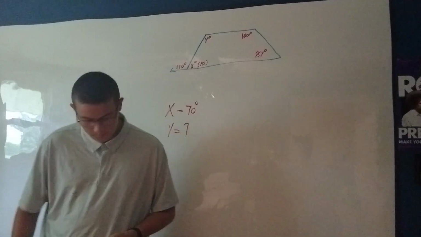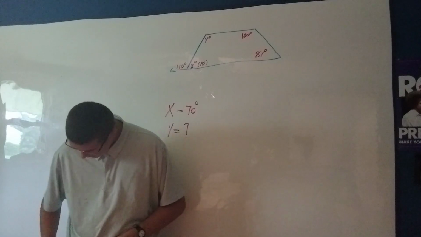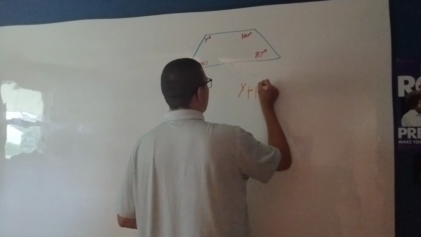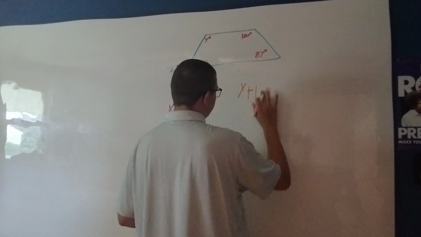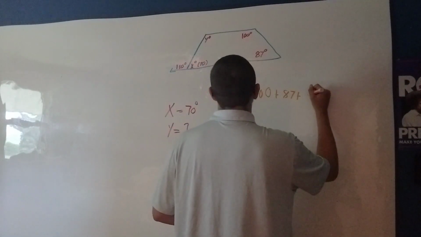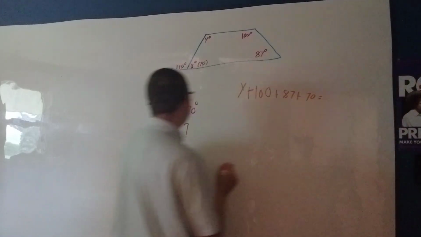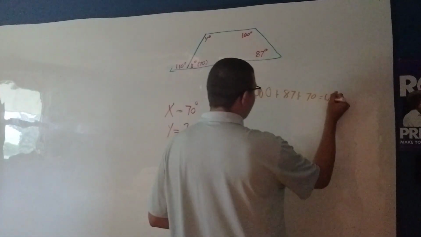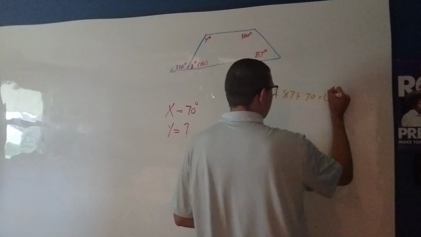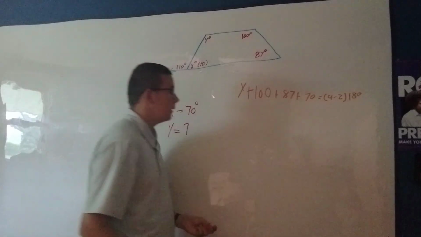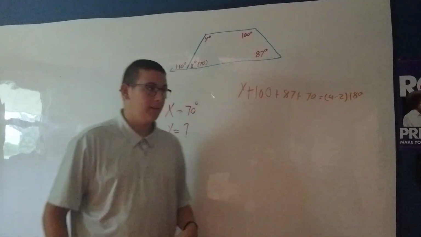So what we can do is write out that y plus 100, plus 87 plus 70 equals, and then we go back to that formula we made earlier with the number of sides here, 1, 2, 3, 4, 4 minus 2 times 180, right? And now we can just solve for y like normal.